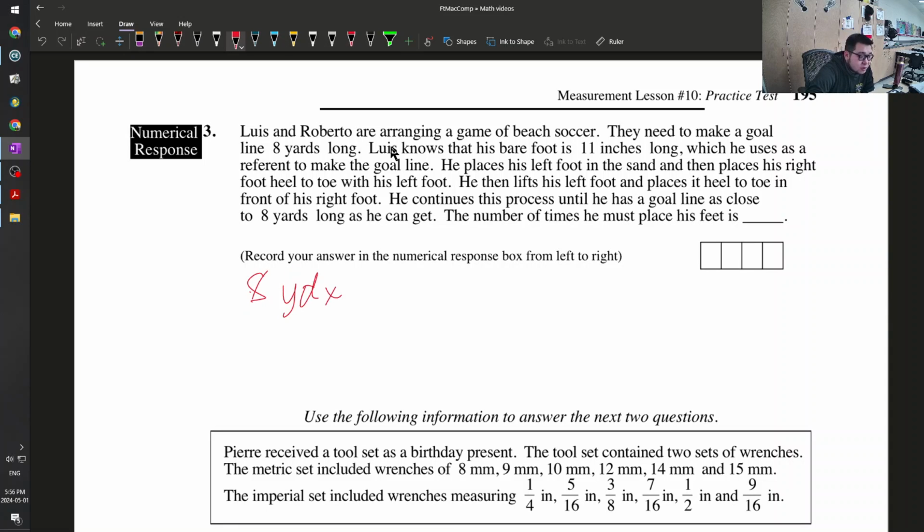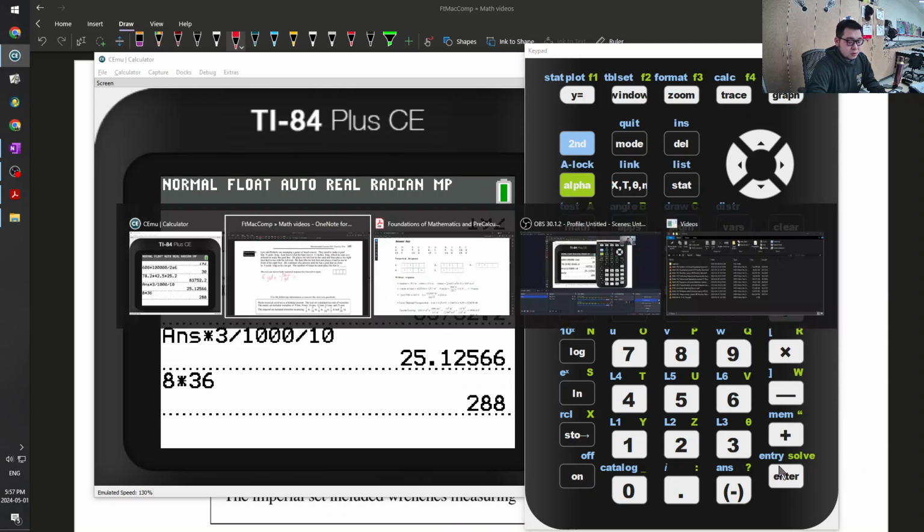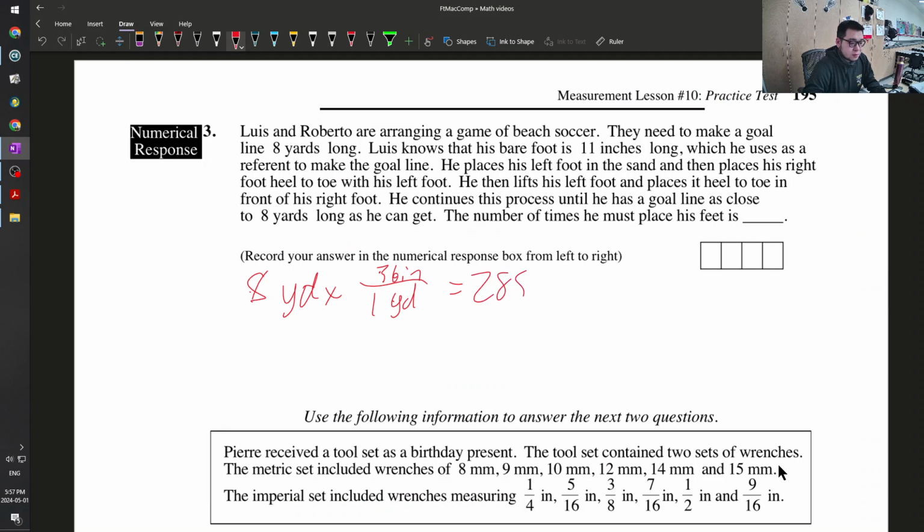How many inches is this? 1 yard is equal to 36 inches. So 8 times 36 is 288 inches. And then you divide this by 11.